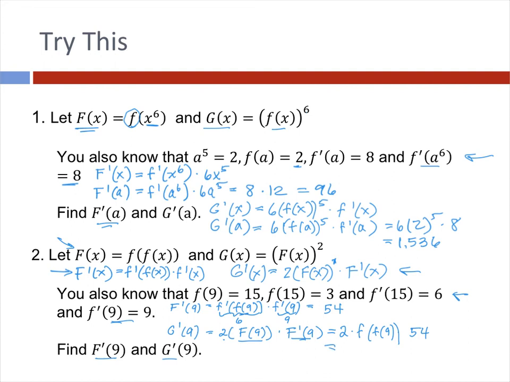And so now we just have to find those values. Well, we know f of 9 is 15, so this becomes 2 times f of 15. And then we know that f of 15 is 3, so now we have 2 times 3 times 54, which equals 324.